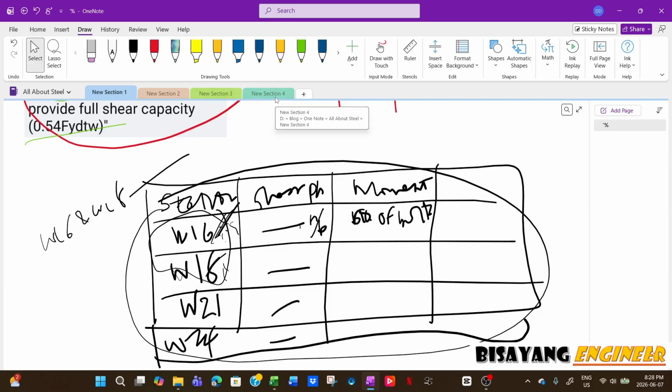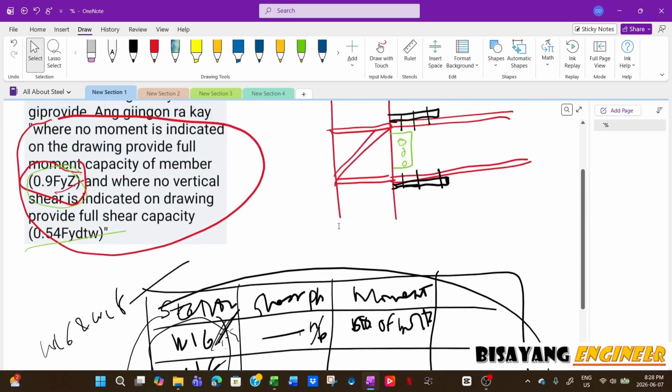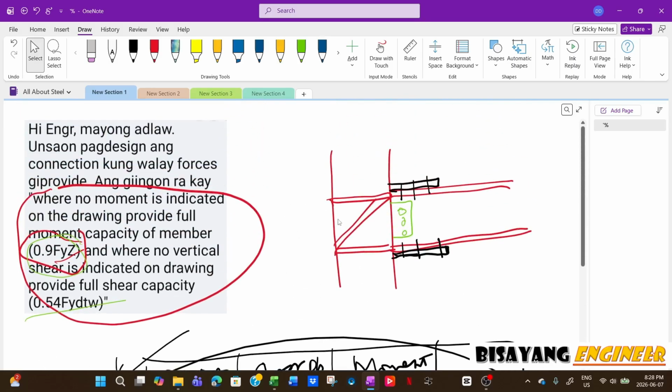All my connection designs until now, I'm still old school, so I will do it by hand, just using the table. And it's not really that complicated. Once you have the AISC design manual, there's a load table there, then you can use it.